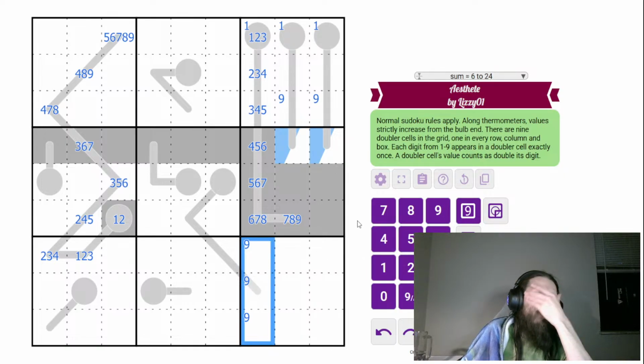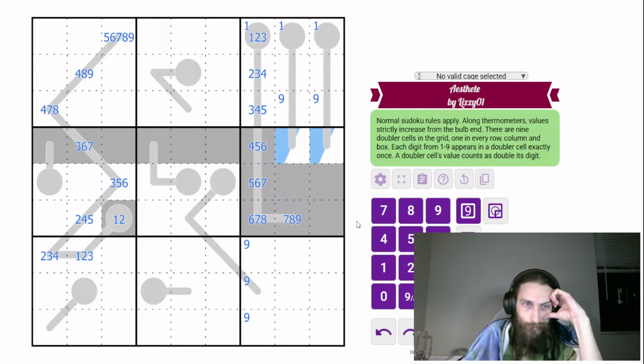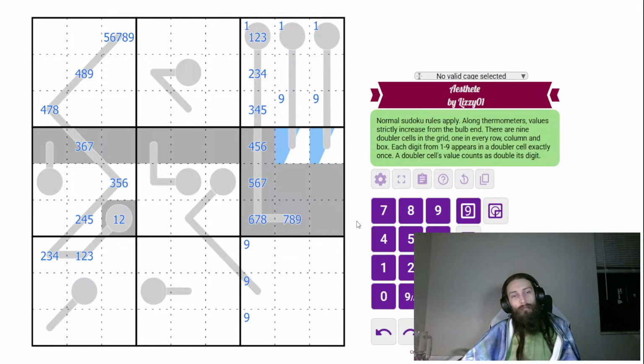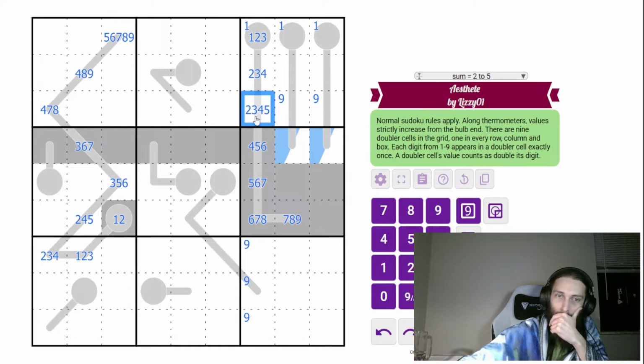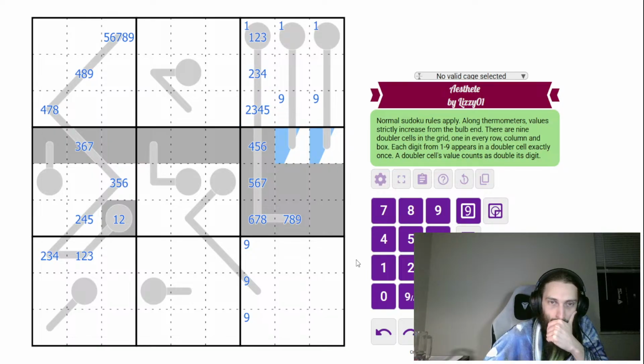The first column of box 9. How are we supposed to figure stuff out more than this?